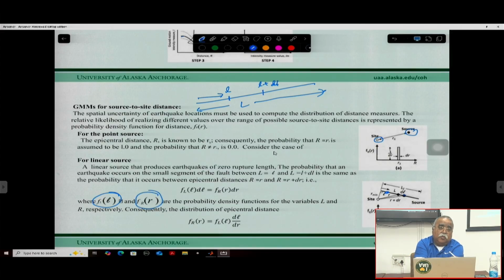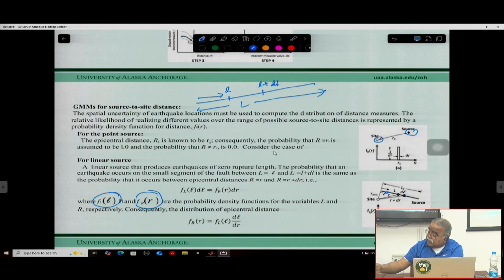So that's your probability of rupture and the probability of length from one point to this one, right? That is a distance. So probability of rupture length and then probability of distance from the fault, right?